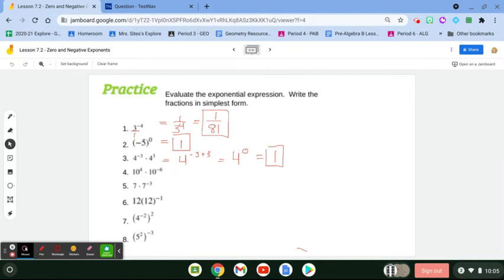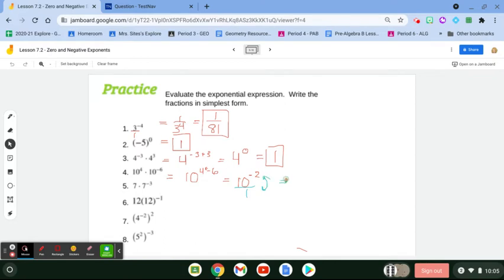All right, let's do the same thing for question number 4. I'm going to keep my base of 10, and I'm going to add my exponents together. So 4 plus negative 6 is going to give me 10 to the negative 2, but now I need to fix that. So I'm going to put a 1 underneath it, and I'm going to flip it.